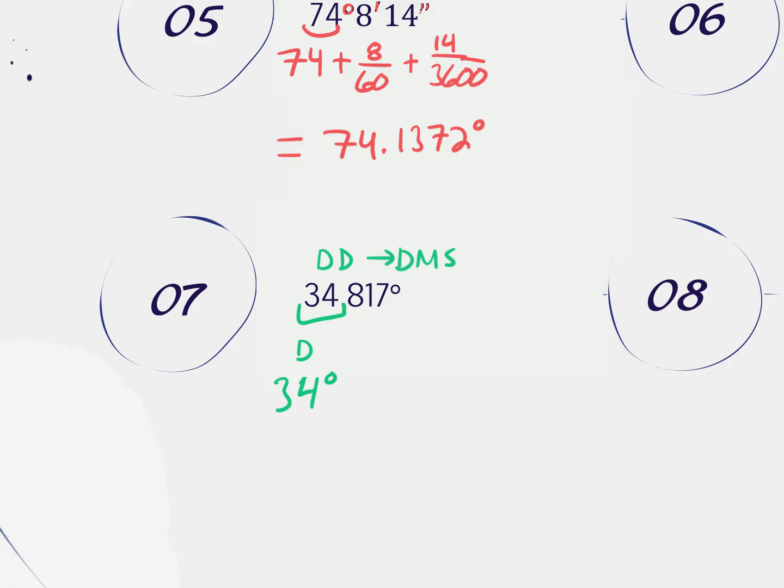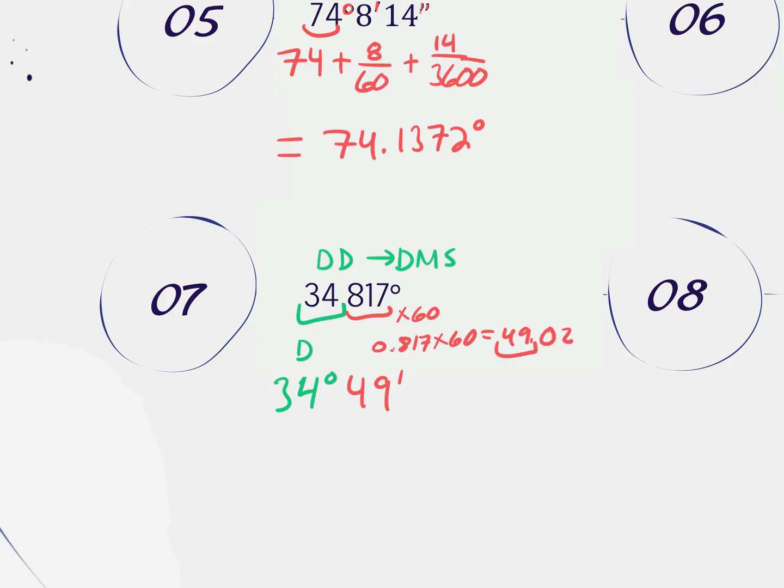The minutes is going to be the decimal times 60. All right, so I'm going to do 0.817 times 60. Again, punch that in a calculator. And then we get 49.02. The whole number of that is going to be the minutes, so 49 minutes.